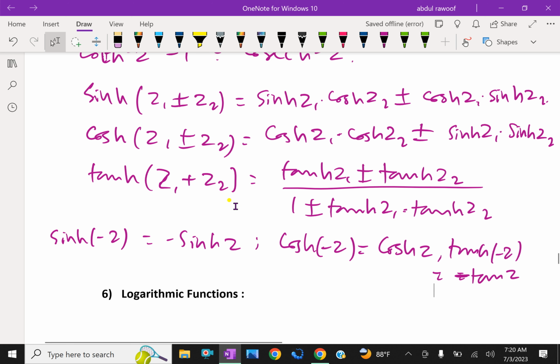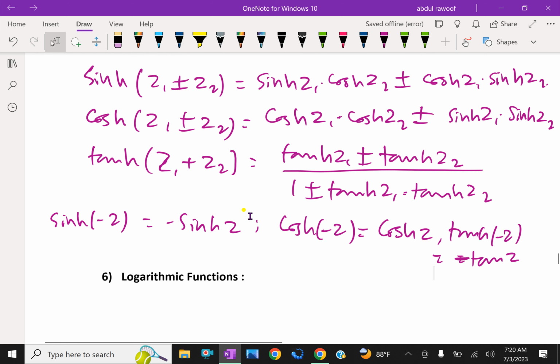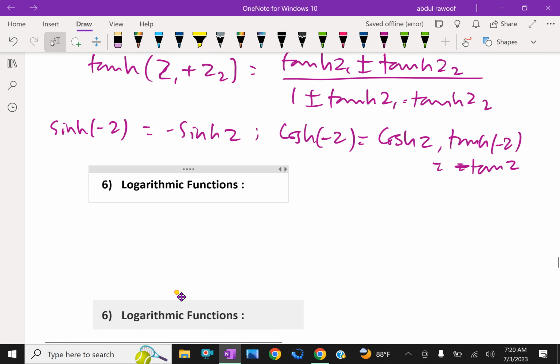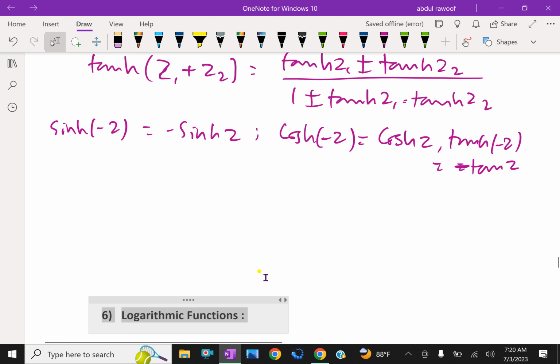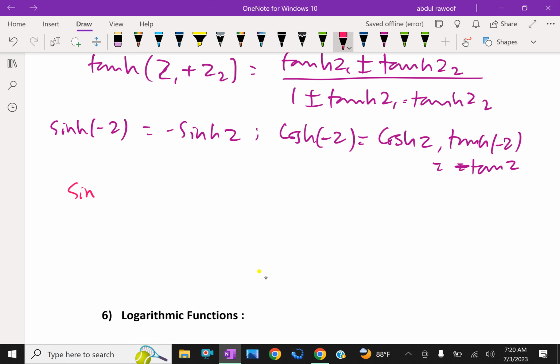Here, further discussion about identities. Look here: sin of iz equal i sin hz.